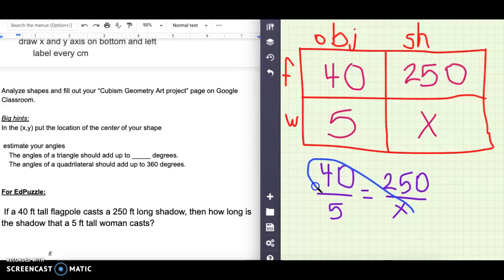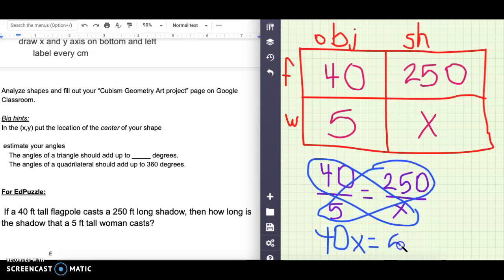Then we're going to cross multiply. So we have 40 times X, so that's just going to be 40X, equals 5 times 250.